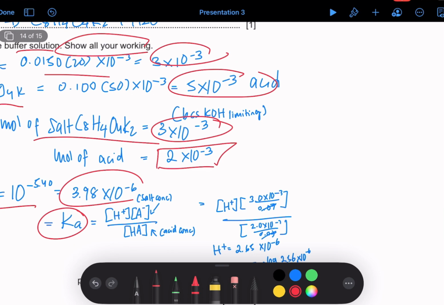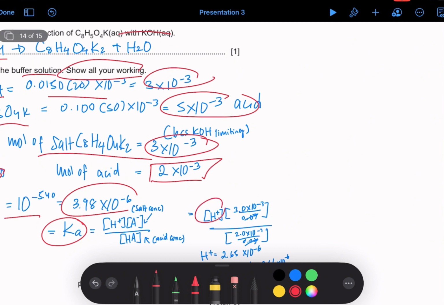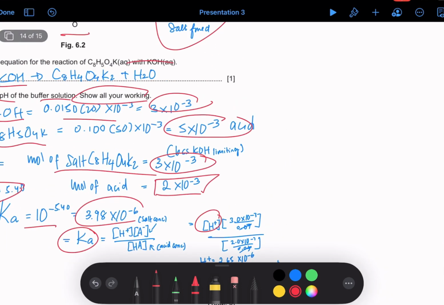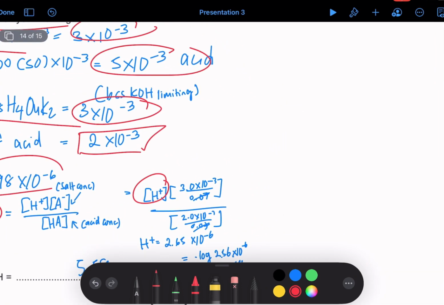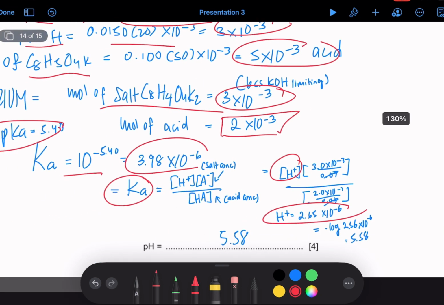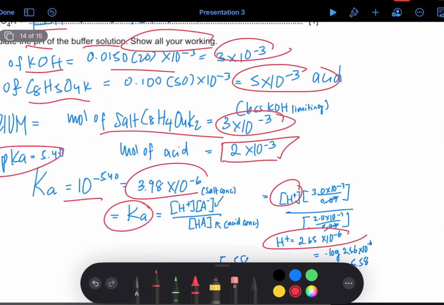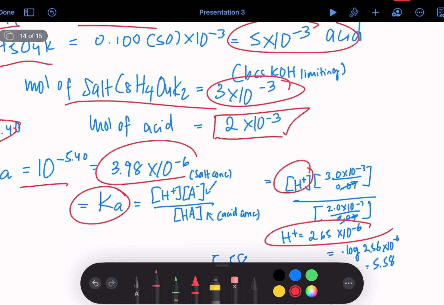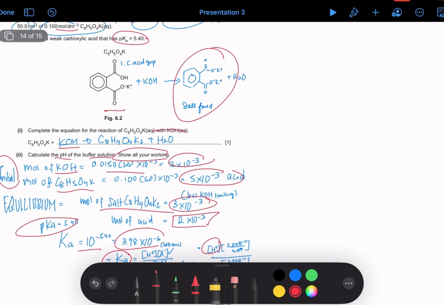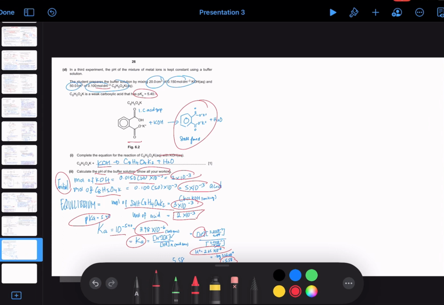You're trying to find the H plus, right? So you can just plug in the value divided by the total volume, which is 0.07. And you can cross it out and obtain the value of H plus, which is 2.65 times 10 to the power of negative 6, and you just take the log of the value and you get 5.58. That would be your pH.